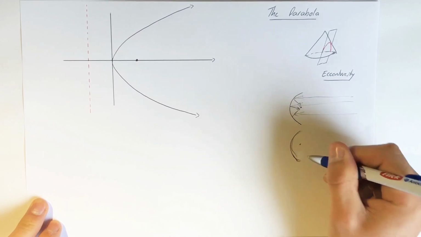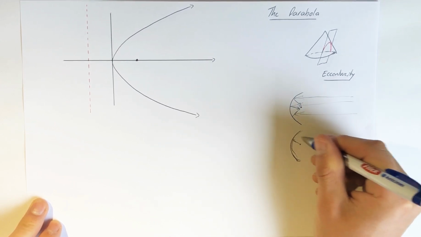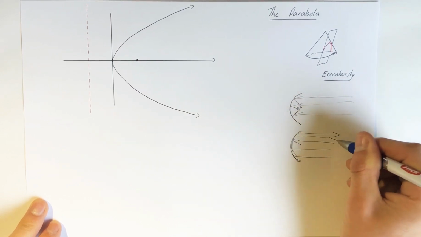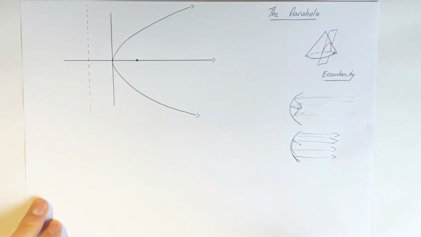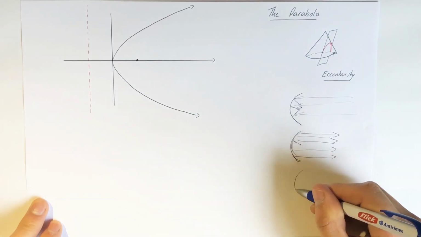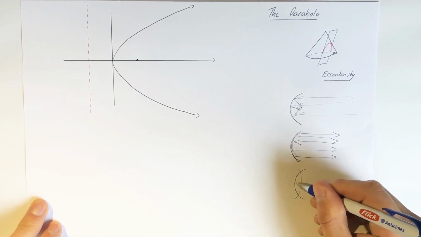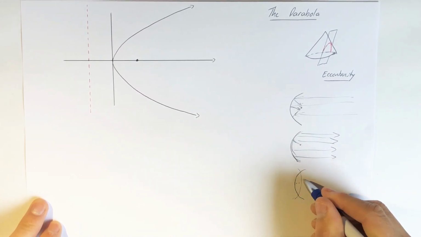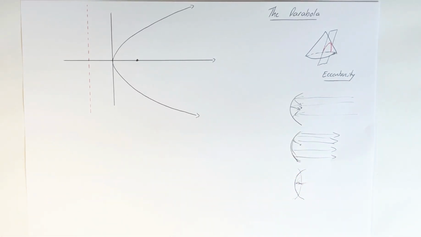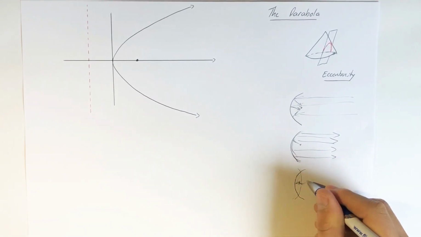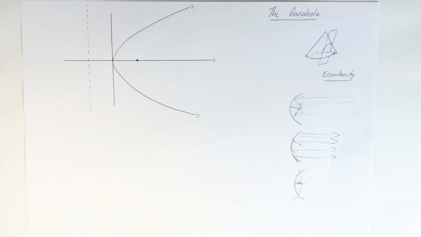A car headlight would shine light against this and you'd get a really straight beam of light going out. A lot of optical illusions use the cross-section of two parabolas like this with two focus points, and you can get some things happening with light in there, like a lens you can magnify and all that cool stuff.